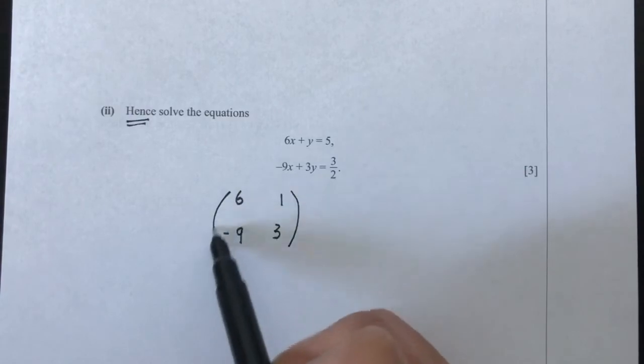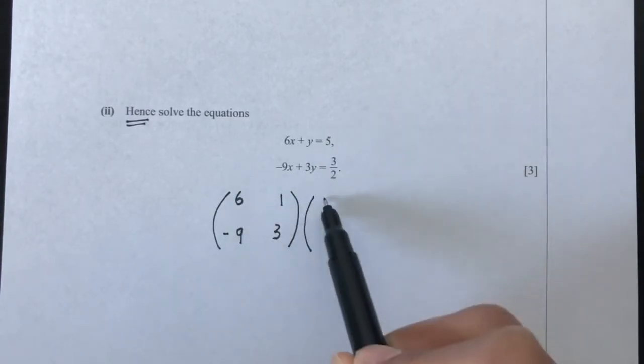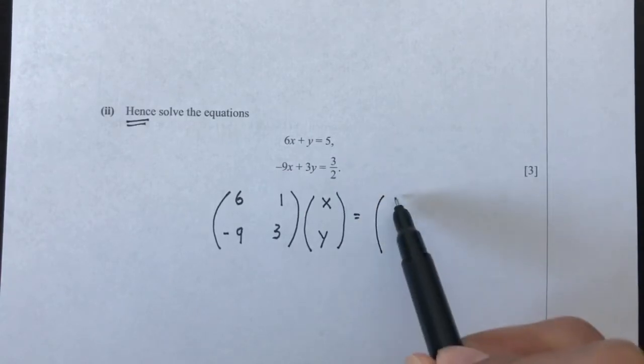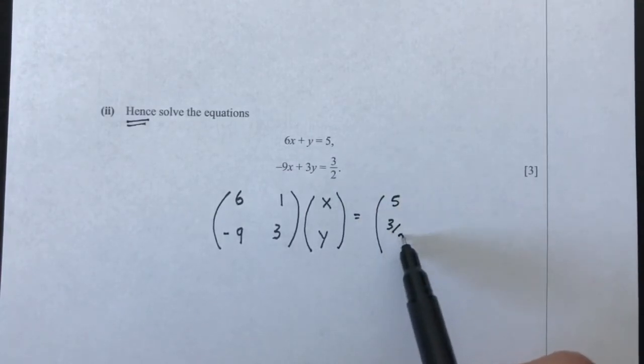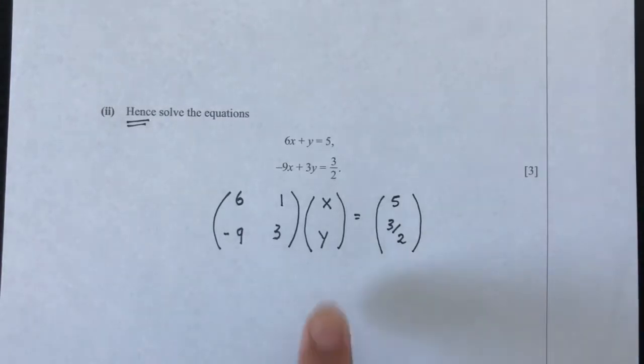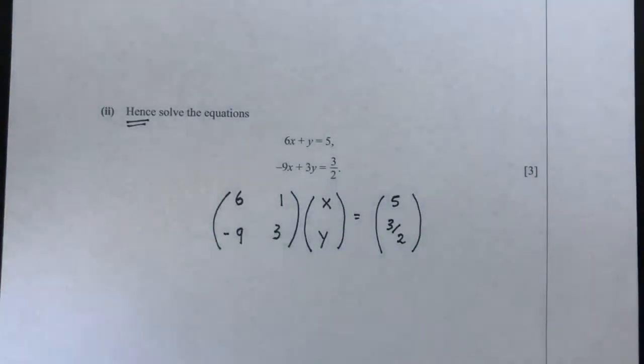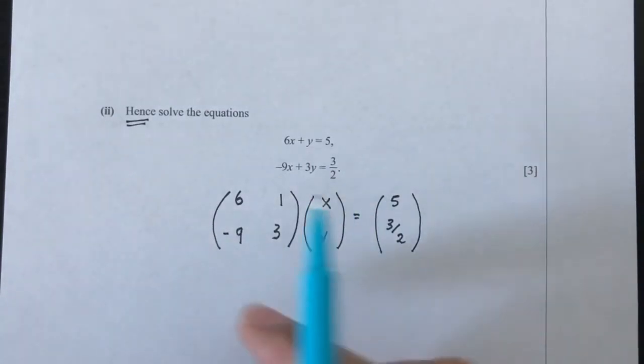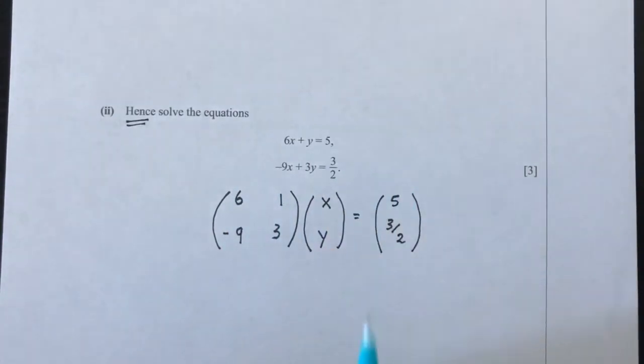That's this matrix, and this is basically your x and y. It is equal to 5 and 3 over 2. Now to get the value of x and y, we have to multiply this by its inverse to eliminate this, and multiply this by inverse on both sides.